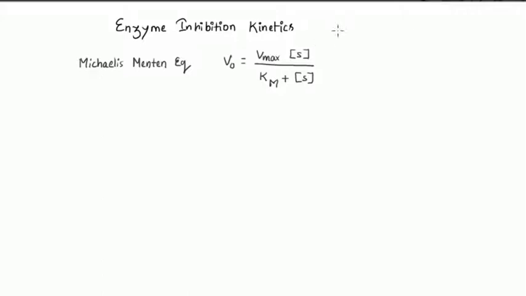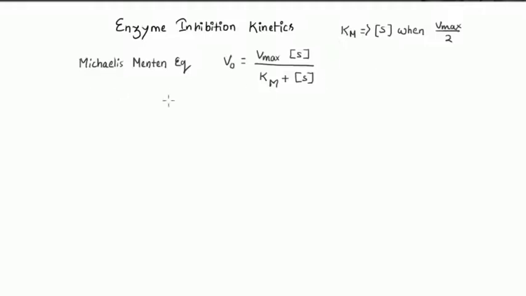Now, Km, the Michaelis constant, is that substrate concentration when half of the maximum velocity is reached. Okay, so Km is that substrate concentration when the velocity is half of the maximum.